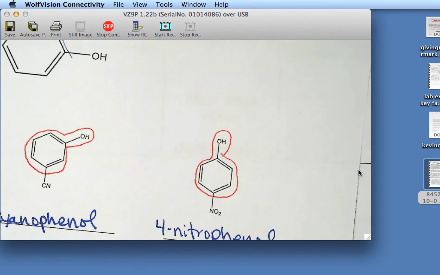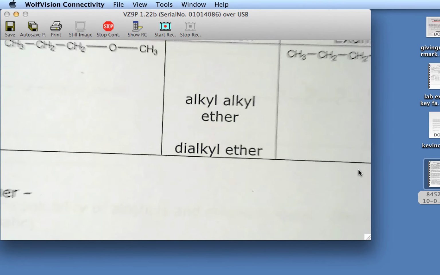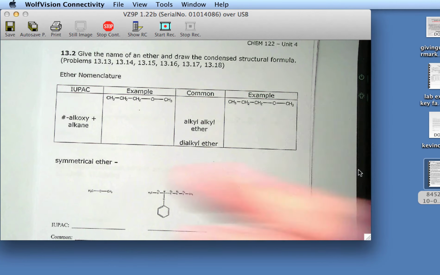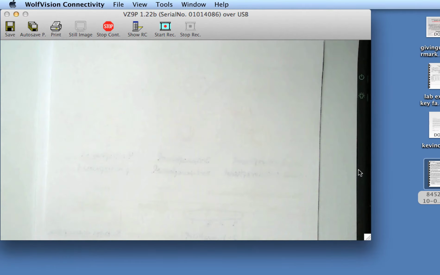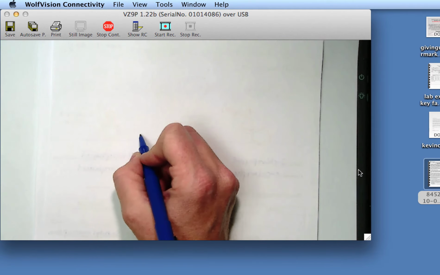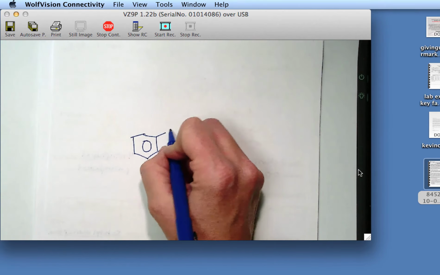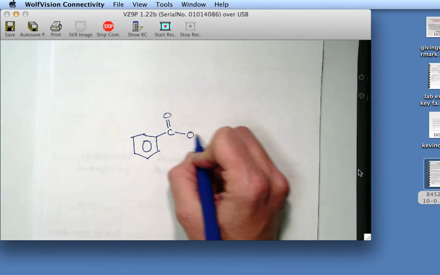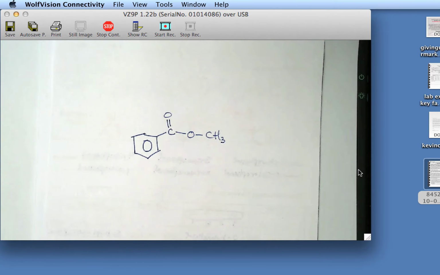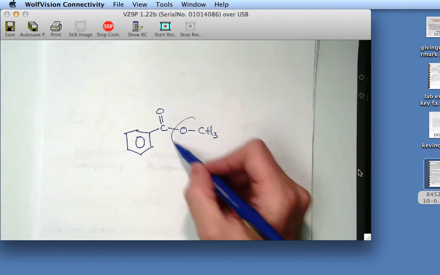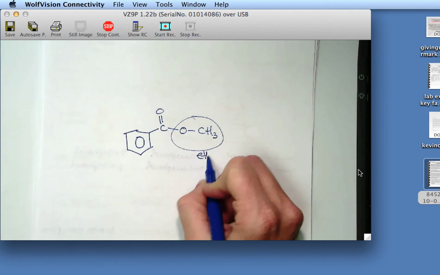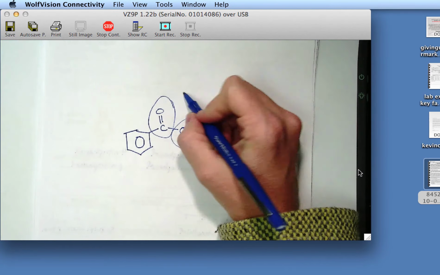But you will be able to do it. Half the battle with Unit 4 is just being able to recognize the functional groups. So if you work on experiment 13, that's just recognizing functional groups. I get a lot of students who circle this and say this is an ether and this is a ketone.